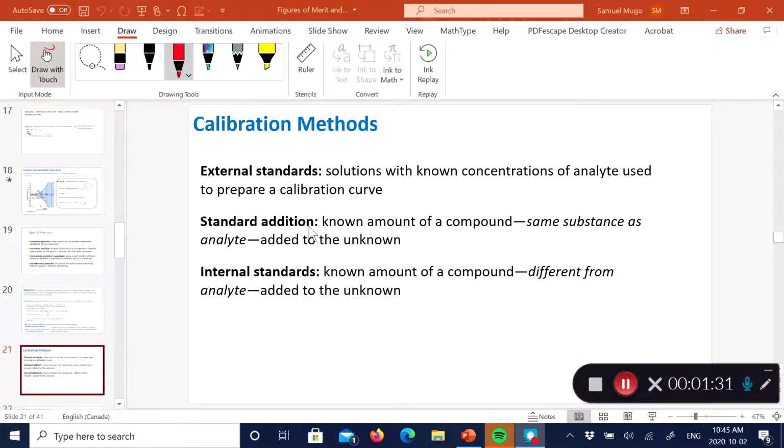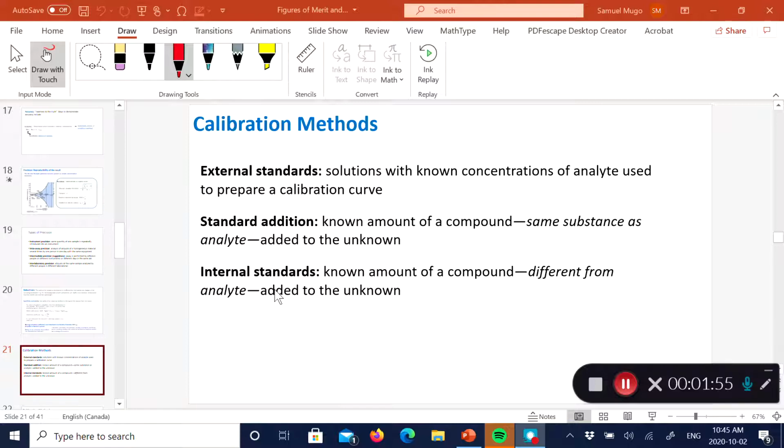The standard addition method, on the other hand, is where you prepare the standard and actually spike it inside the analyte or the unknown, and then you analyze the sample at the same time. So the standard is analyzed in the presence of the analyte.